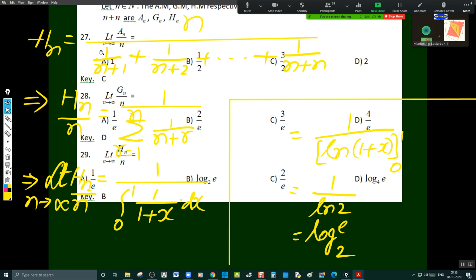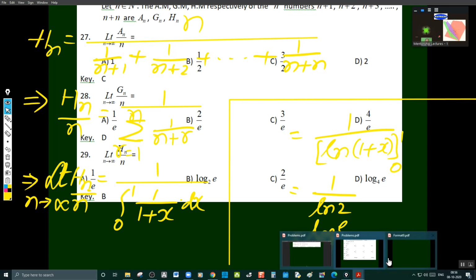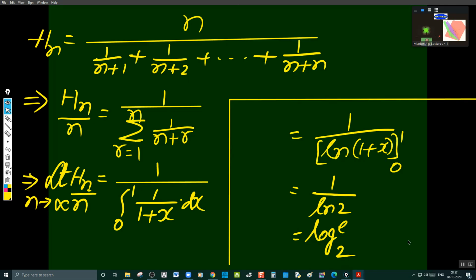Just see why I have chosen this question. It contains AM, GM and HM. So if anyone has any doubt in this, please ask me, because we have this passage containing arithmetic mean, geometric mean and harmonic mean, and also limit as a sum, that is, definite integral as a limit of sum.